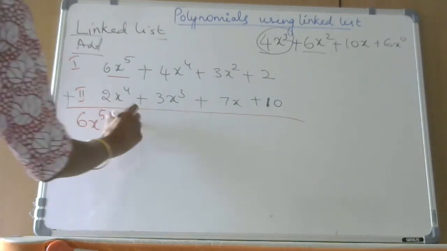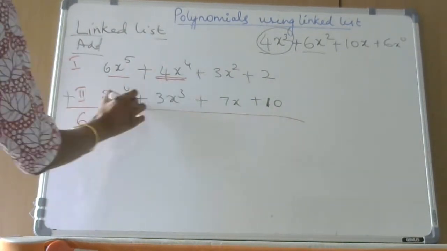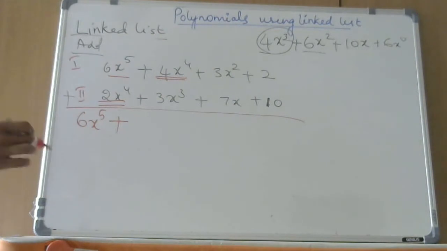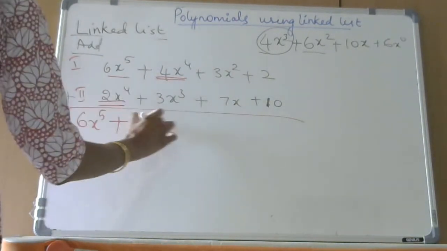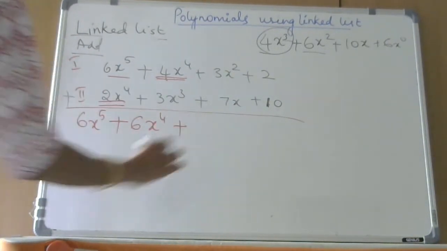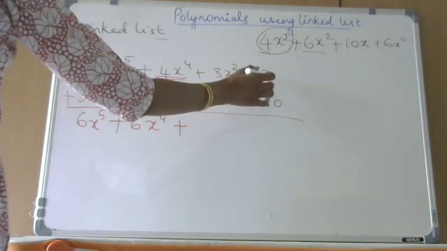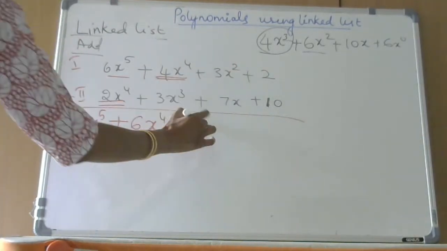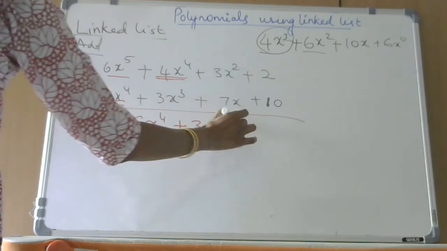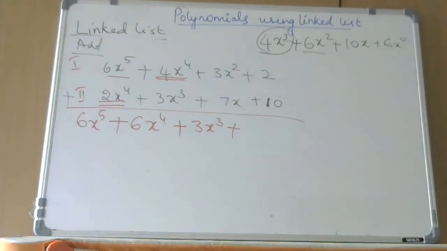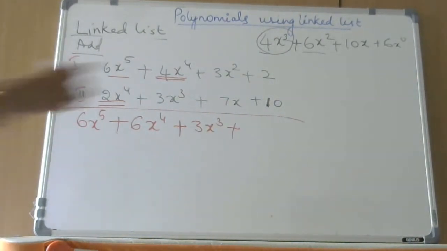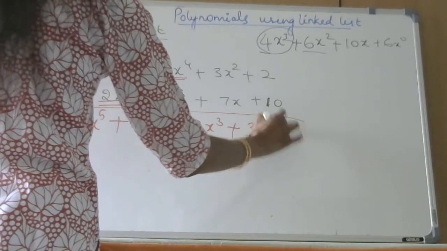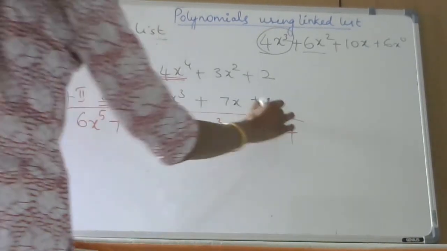Then x to the power of 4 we have in both, so I can add these two terms. 4 plus 2 is 6, 6x to the power of 4. Then x cube I don't have in the first polynomial, I have it in the second, so I retain that. x square I have in the first polynomial, it is not there in the second, so I will write it as 3x square.